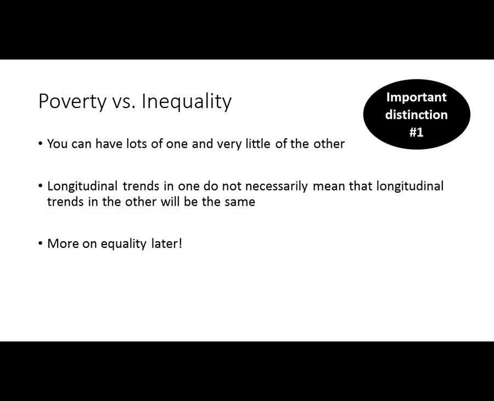People would be more or less close to one another. Longitudinal trends in poverty don't necessarily mean that longitudinal trends in inequality are going in the same direction. You could be having increasing poverty, and you could be having decreasing inequality. We're going to be talking a lot more about equality and inequality later in this unit.